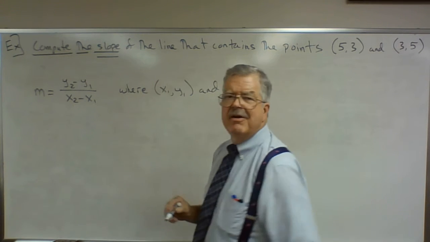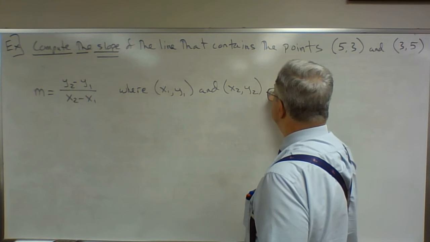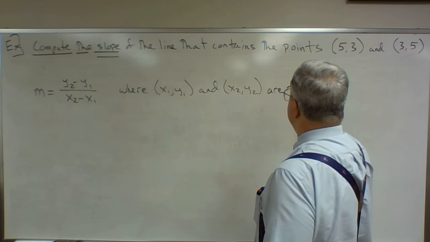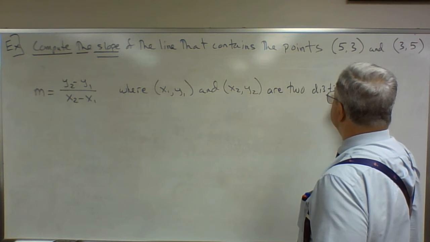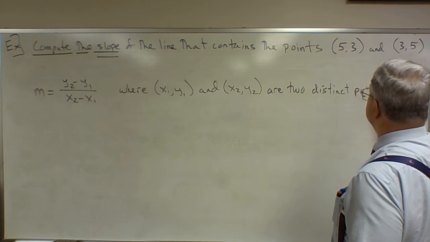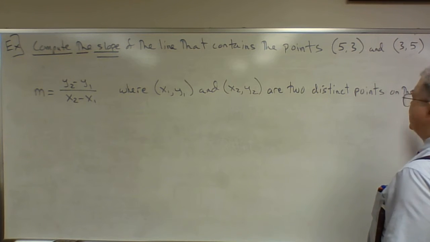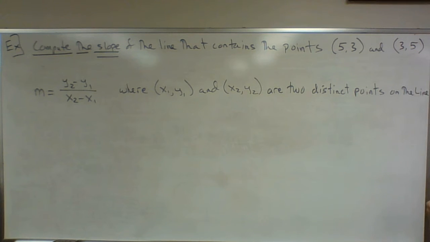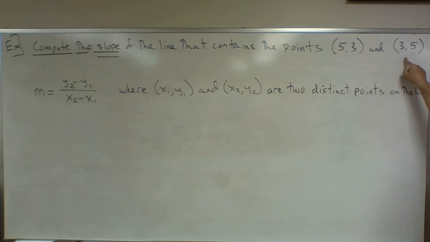And here's some clarifying information. (x1, y1) and (x2, y2) are two distinct points on the line. Okay. In our example, we have two distinct points on the line.